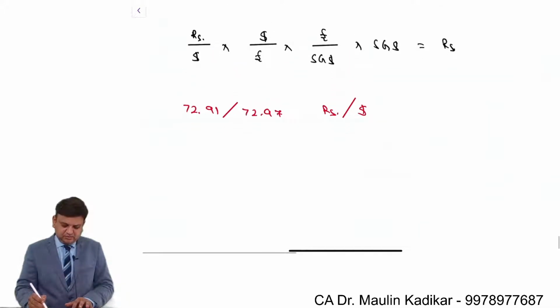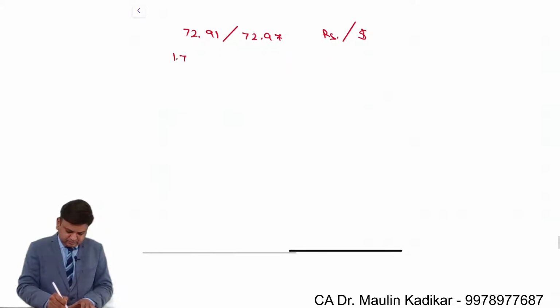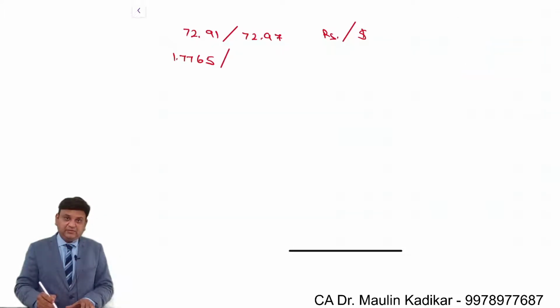Next it is 1.7765 slash 1.775. It is dollar per pound.